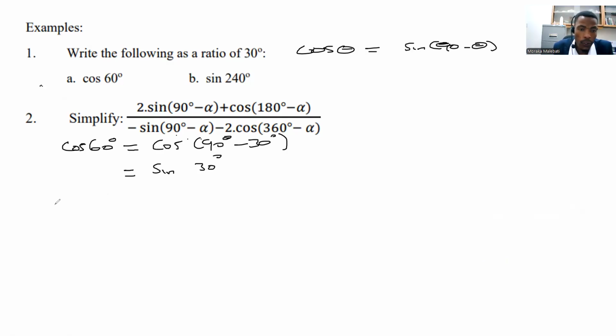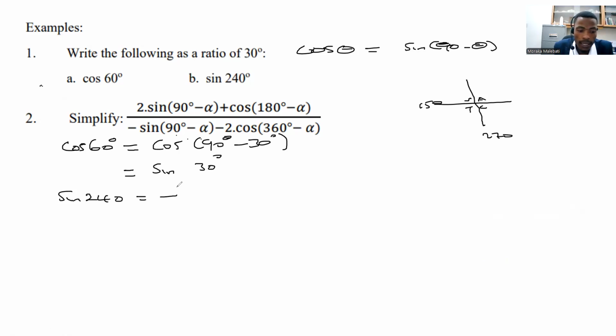And so these are co-ratios. Now we also have sine 240. So far we know that 240 is in the third quadrant (between 180 and 270), and in the third quadrant sine is negative.